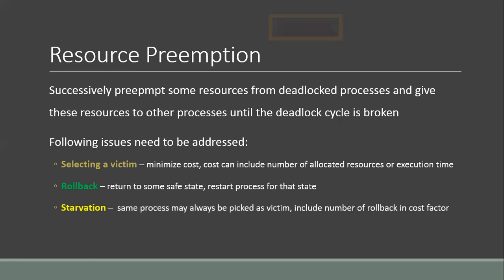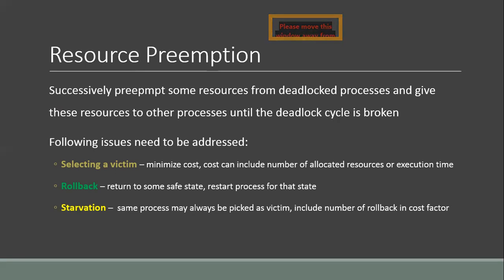The third issue is starvation. Starvation means that the same process may always be picked as a victim. That is, every time there is a deadlock in the system, we may choose the same process as a victim to break this deadlock. How can we deal with starvation?